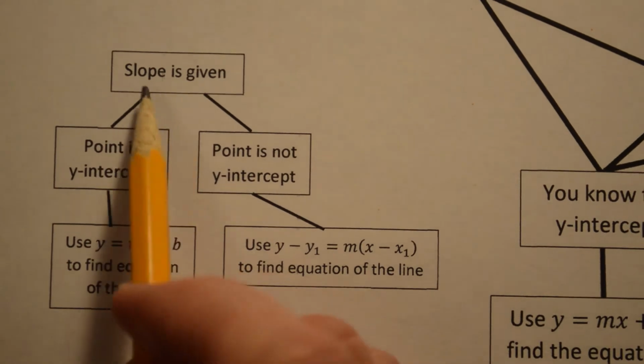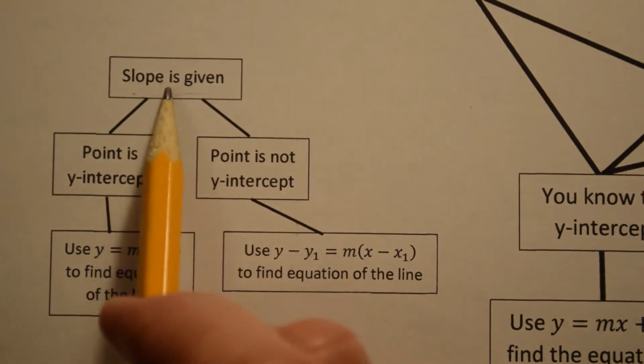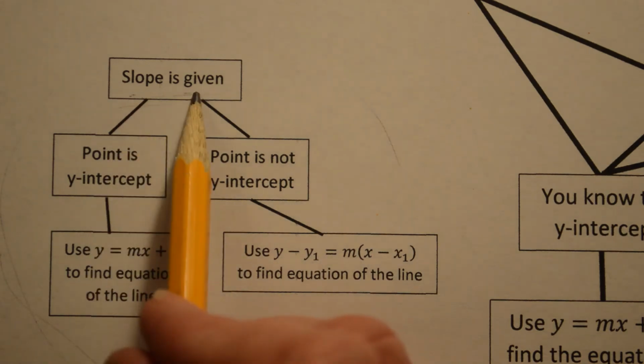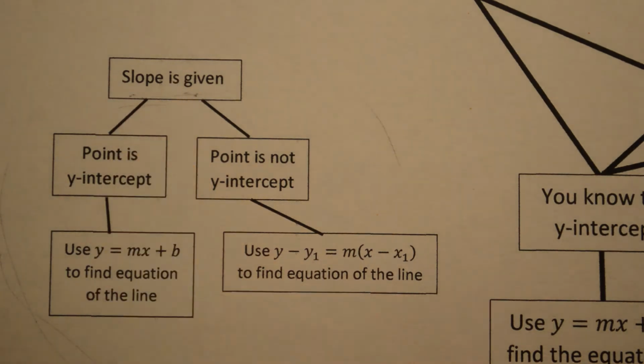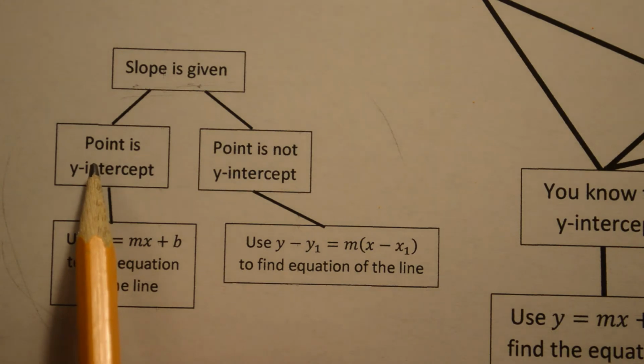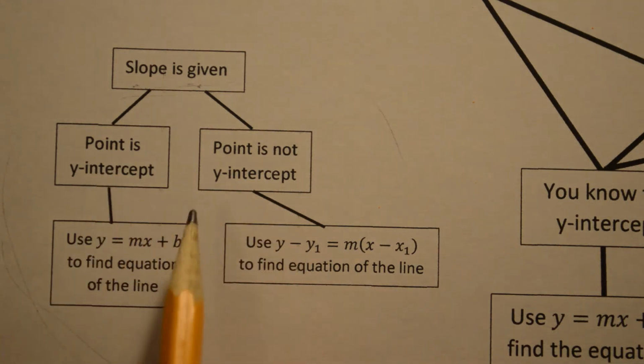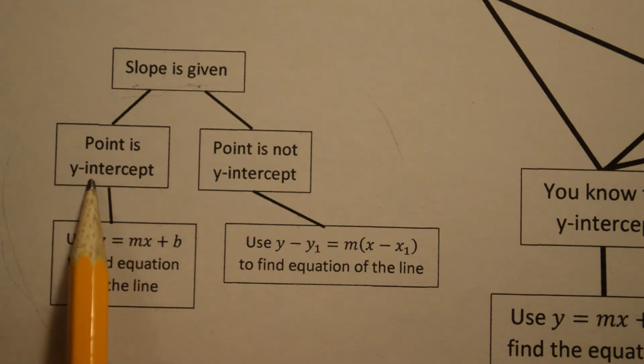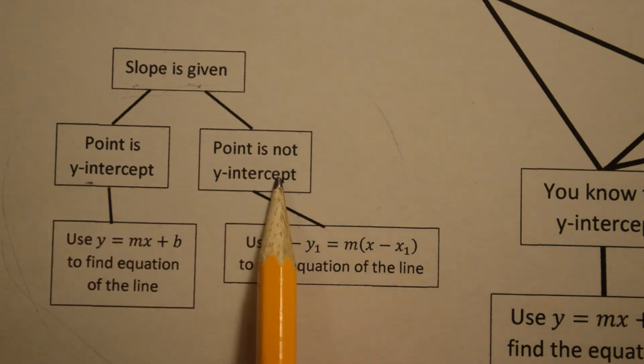Okay, so am I given the slope? All right, so in this part of our flow chart, the slope is given. So if you know the slope, look at this. And then no matter what your problem is, you're going to have to be given a point somehow. So is that point the y-intercept or is that point not the y-intercept?